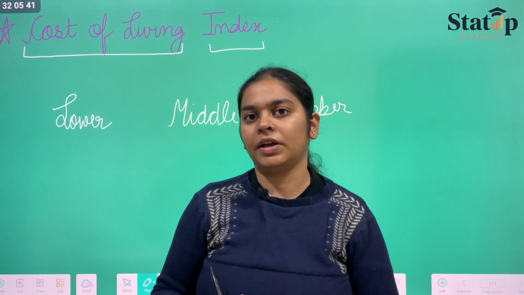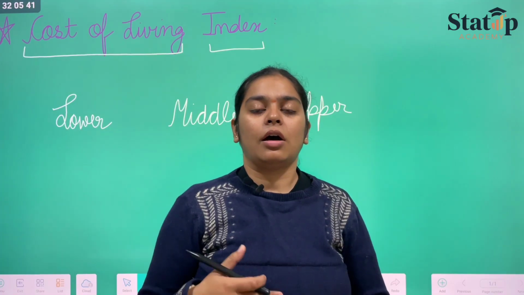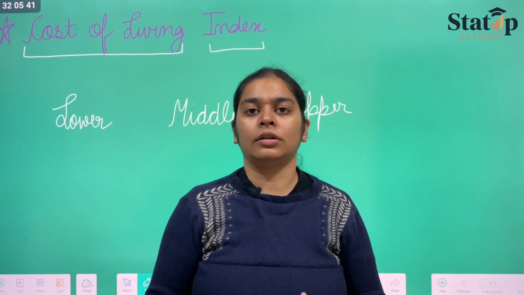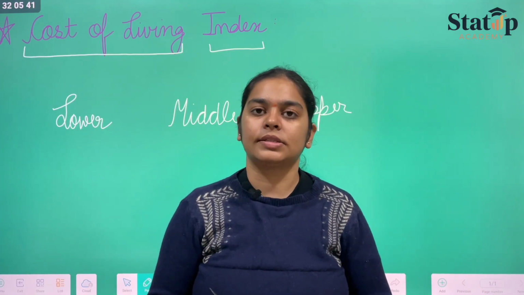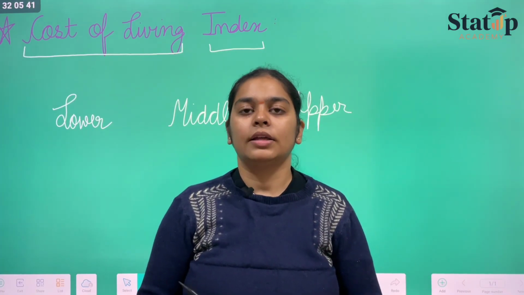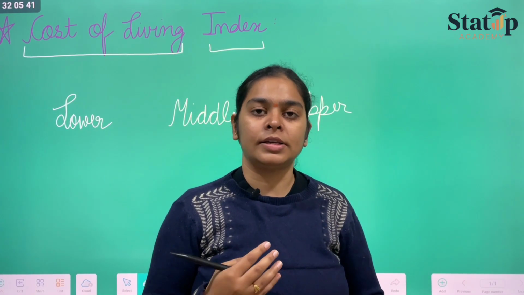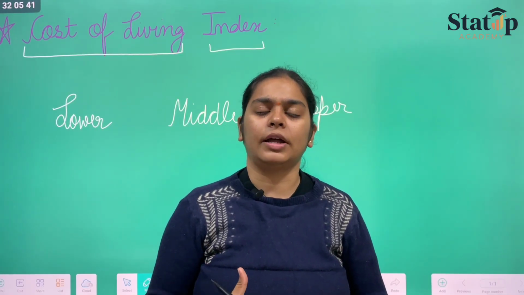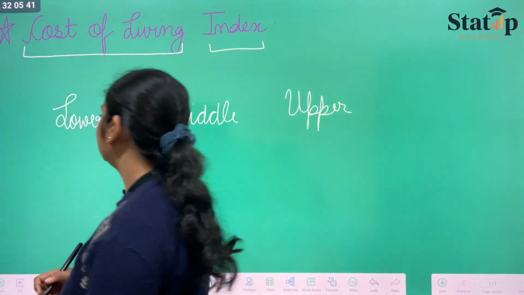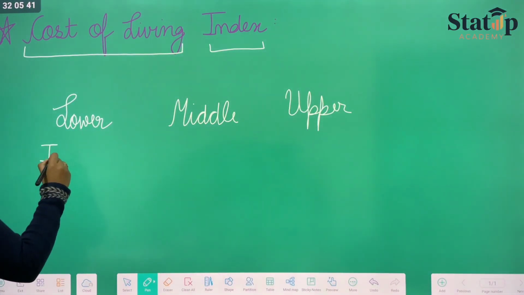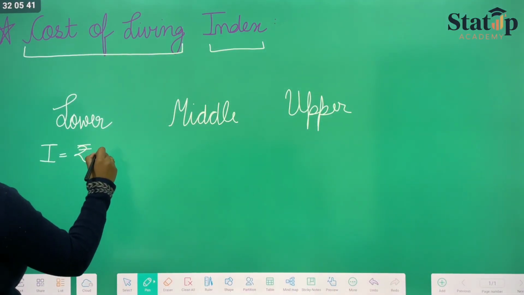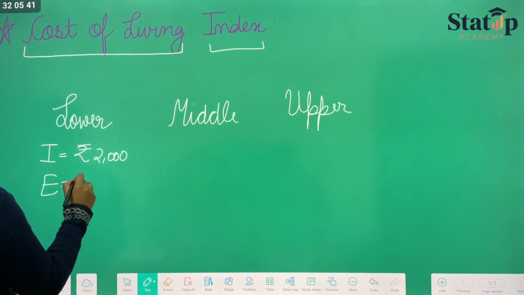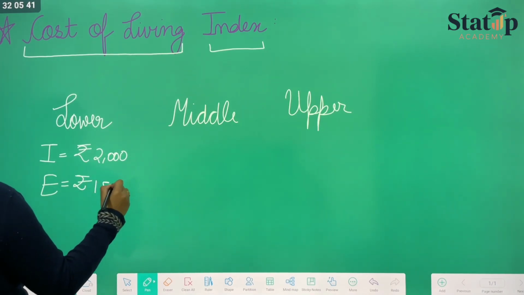index was 35, which means the quantity and price of a commodity that he is buying, and he is working for that. Suppose the income is rupees 2000 and expenditure is rupees 1500.